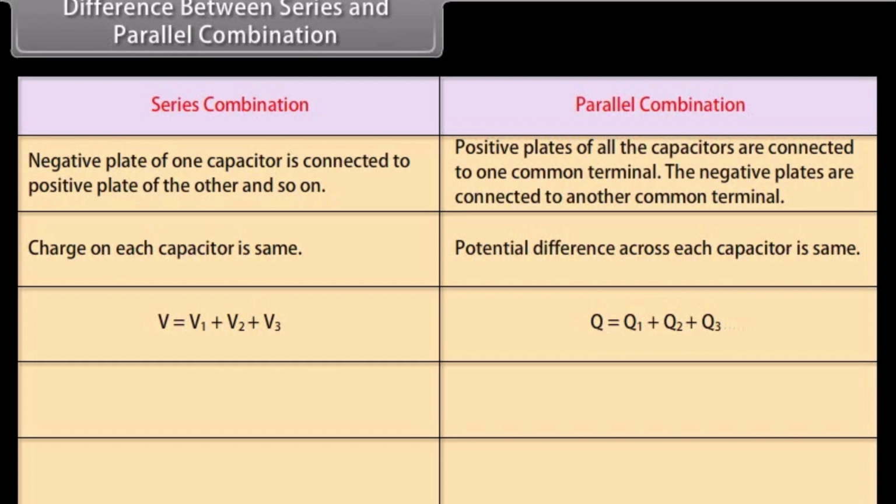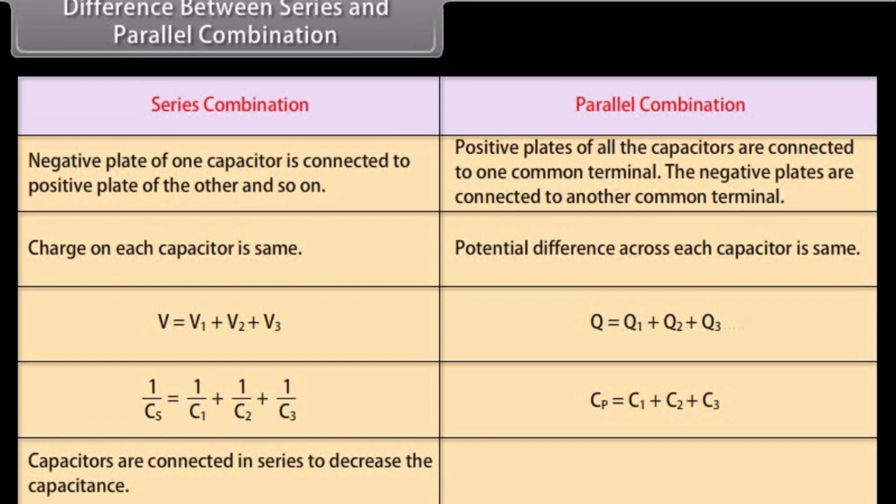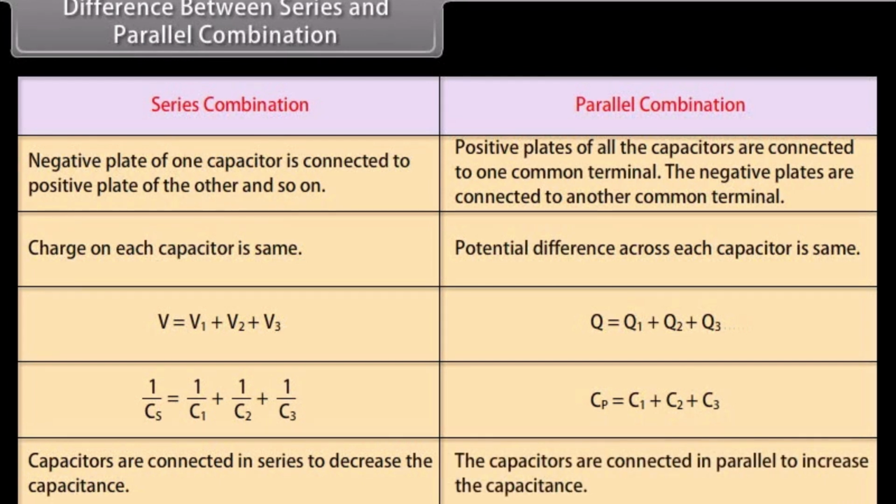In series combination, reciprocal of Cs is equal to 1 upon C1 plus 1 upon C2 plus 1 upon C3, whereas in parallel combination, Cp is equal to C1 plus C2 plus C3. In series combination, capacitors are connected in series to decrease the capacitance, whereas in parallel combination, the capacitors are connected in parallel to increase the capacitance.